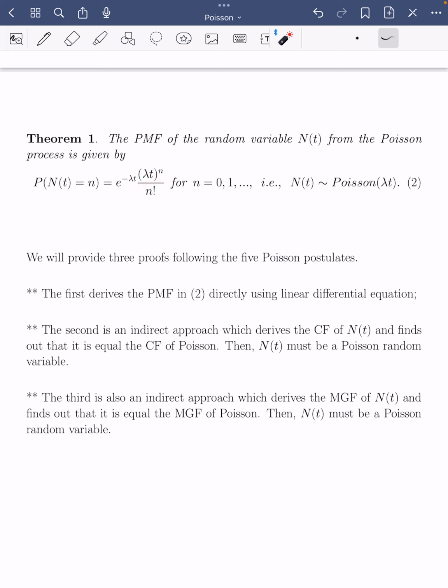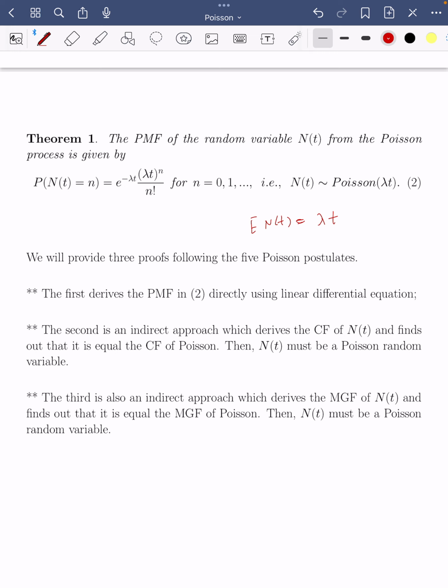We also write N(t) distributed as Poisson with parameter lambda t. In this case, the mean of N(t) is equal to lambda times t.